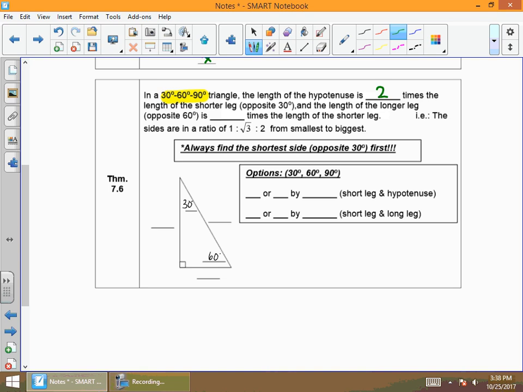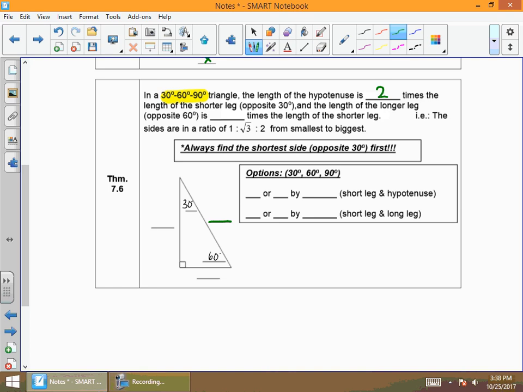As I look at my triangle, it has a 30-degree angle, a 60-degree angle, and a 90-degree angle. Since 90 is the biggest number, the line I just colored in green will be the longest side.